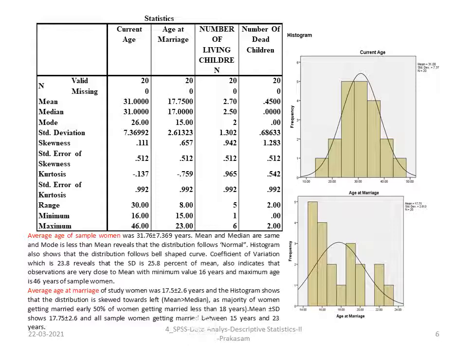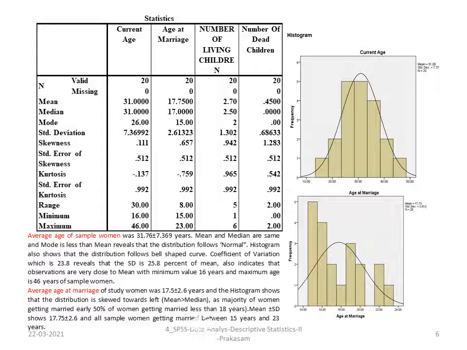Another one is the average number of living children. The average number of living children was found to be 2.7 plus or minus 1.3, and the mean is greater than the median, which indicates that the distribution is skewed, having a minimum of 1 and a maximum of 6 living children.